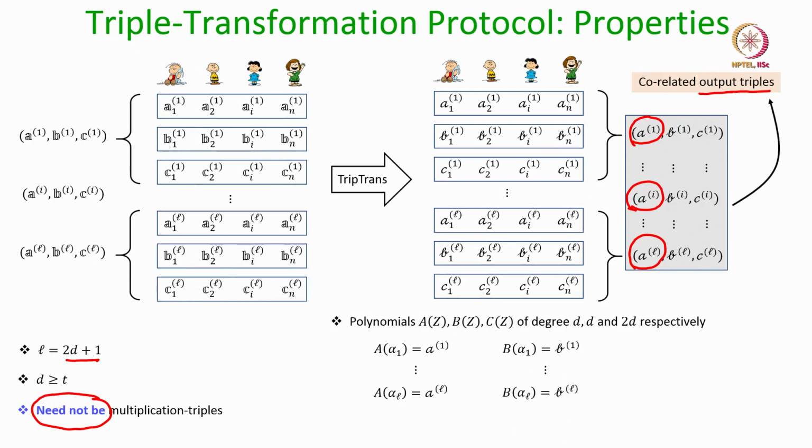In the same way, I require the B component of all the output triplets to lie on the B polynomial. And in the same way, I would like the C component of all the output triplets to lie on the C polynomial. Of course, these output triplets have to be available in the secret shared fashion, where the degree of sharing should be t. That is the first correlation.